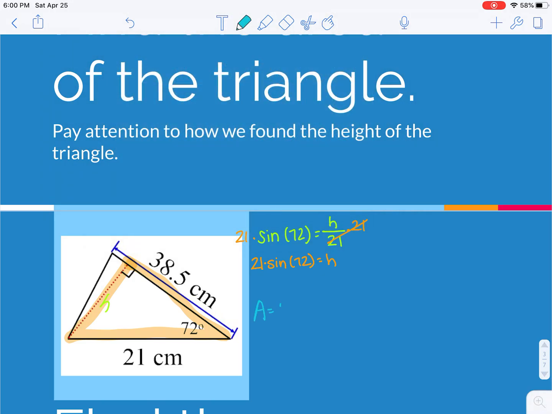My area then has to be 1/2 base times height. My base must be 38.5 because that's perpendicular to my height. And I'm going to use this entire value for my height.